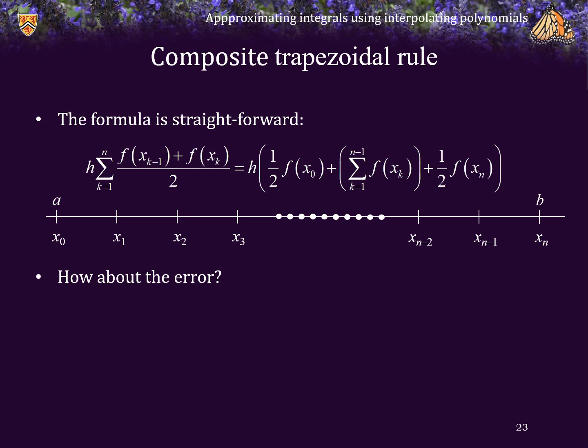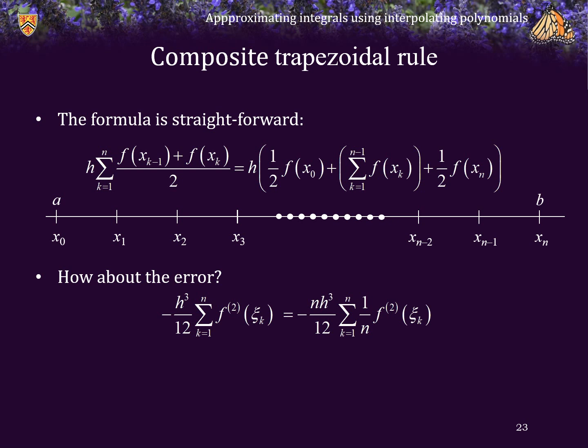How about the error? Well, we have to sum the errors on each of the subintervals. All right, now wait a second. Let's multiply by 1, so we're going to multiply by n over n. One of the n's we will bring out, and the 1 over n we will bring into the sum.